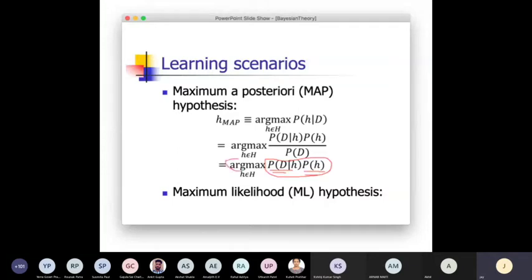I hope you understand the meaning of this particular function. Argmax is the point where the maximum occurs, or the value or the instance in that particular set where this maximum occurs. So it generates a hypothesis. Its output is an element of this set H, capital H, which means the set of hypotheses or hypothesis space, and an element of that hypothesis space is the output, the hypothesis which maximizes this probability.